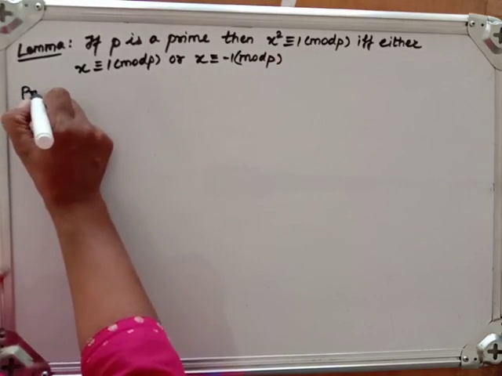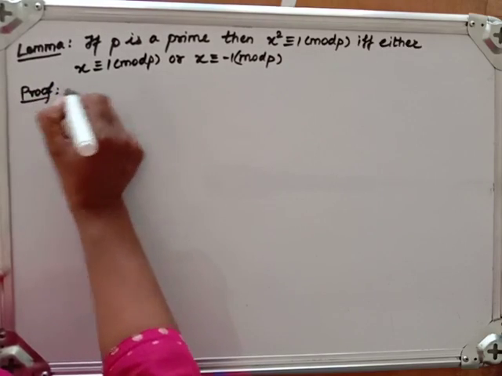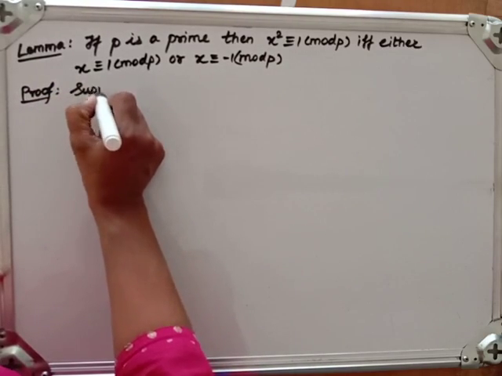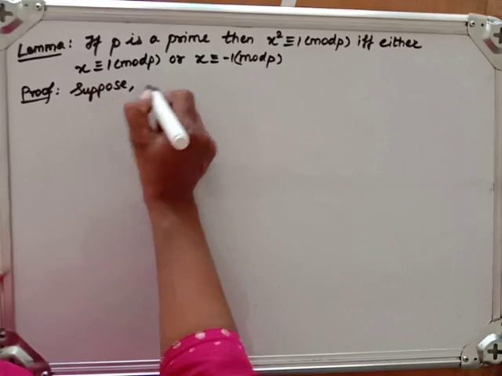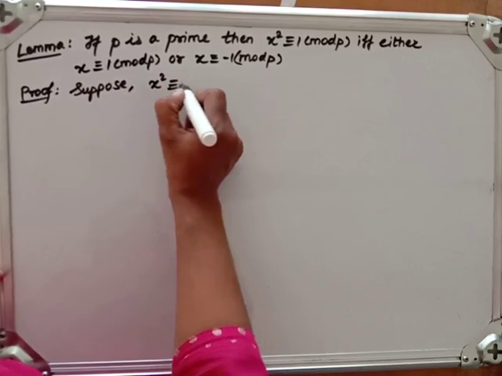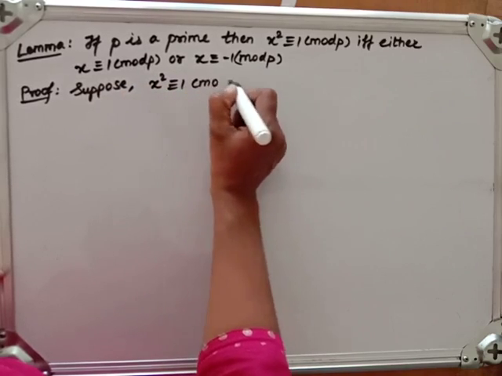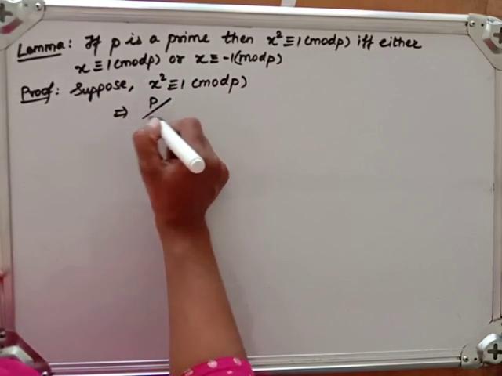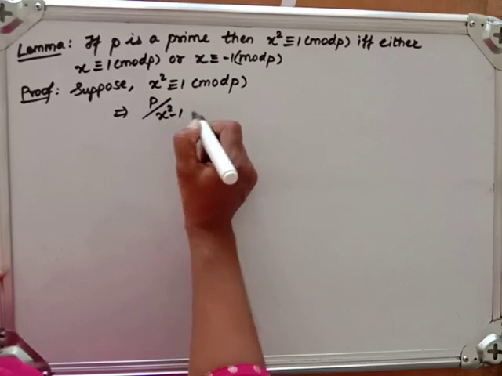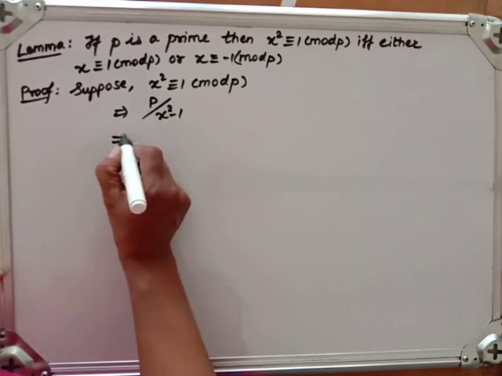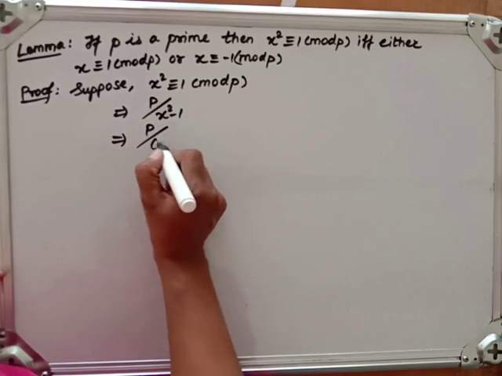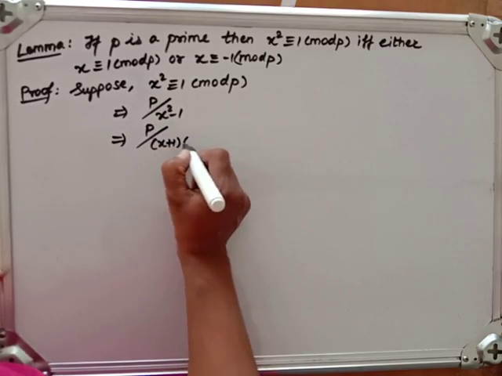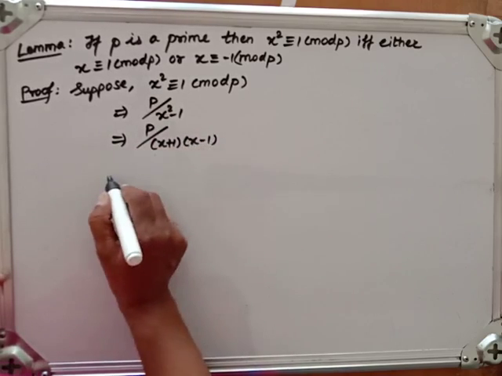Proof. Suppose x square congruent to 1 modulo p. So this gives p divides x square minus 1. That is the same as p divides x plus 1 times x minus 1.